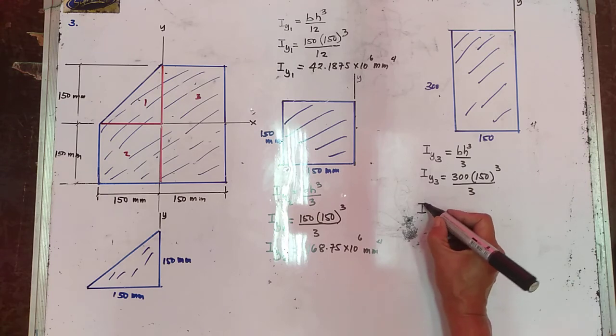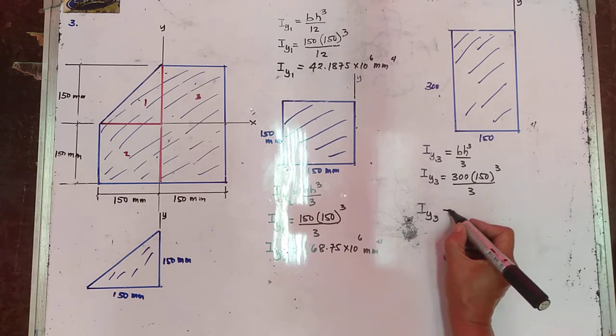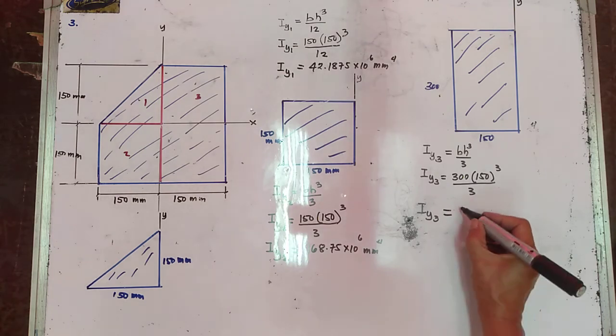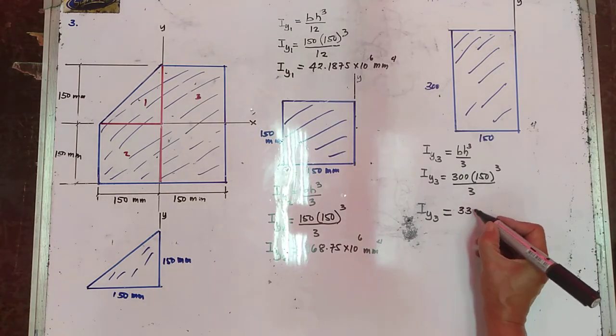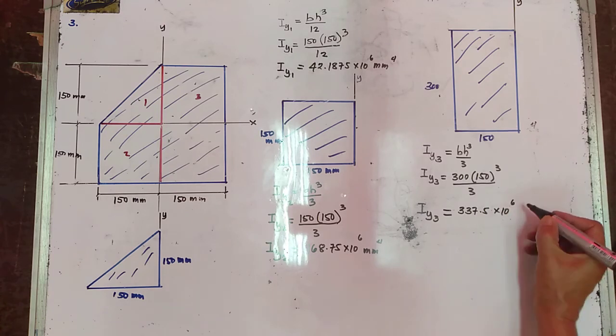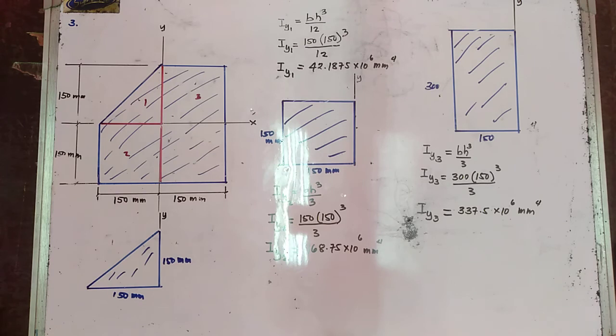We have your Iy3 is now equal to 337.5 times 10 to the 6 millimeter raised to the 4th.